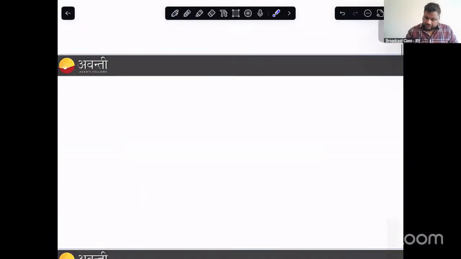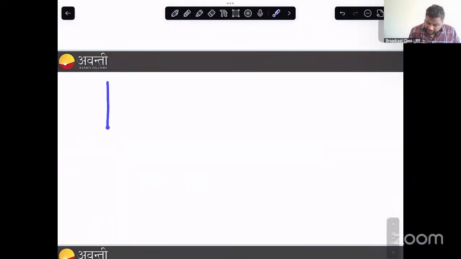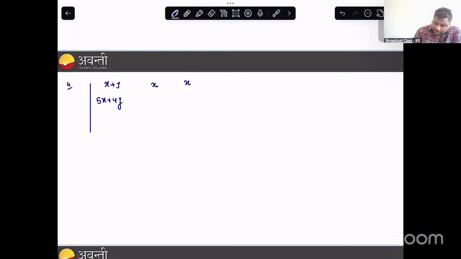See, the question is the determinant x plus y, x, x; 5x plus 4y, 4x, 2x; 10x plus 8y, 8x, 3x. First of all, I have to simplify this. Rest all the things later on.